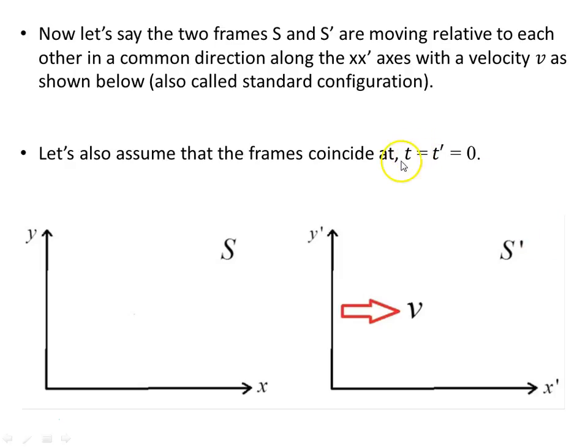Now, let's also assume that the frames coincide at some time t equals t dash equals 0. That means we don't have any constants involved in the transformation. So, just for an instant in time, the two frames coincide at t equals t dash equals 0, and there's no loss of generality in doing that. So here's this frame moving relative to that one, or vice versa, this one moving in the negative direction relative to this.